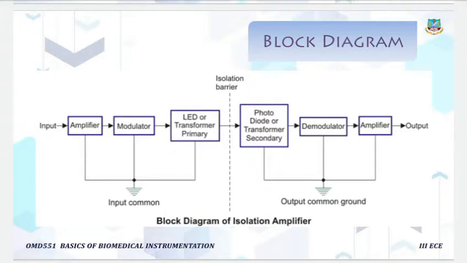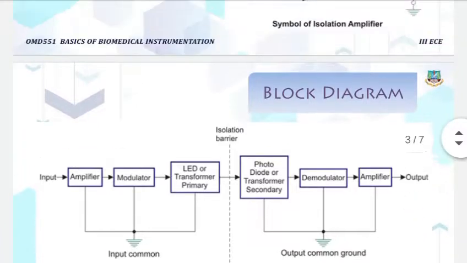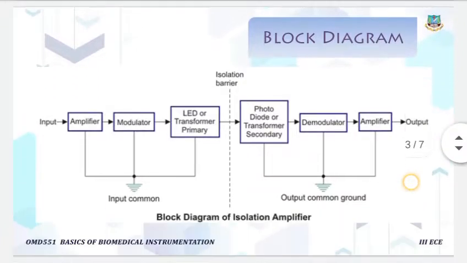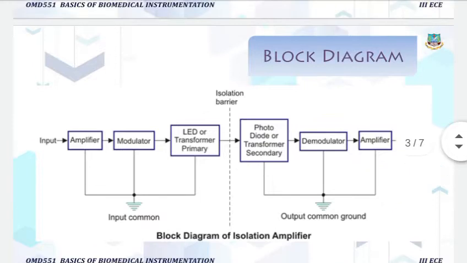In the light emitting diode, the electrical signals are converted into light energy. That is the purpose of the LED. After converting into light energy, it is transferred to the photodiode.